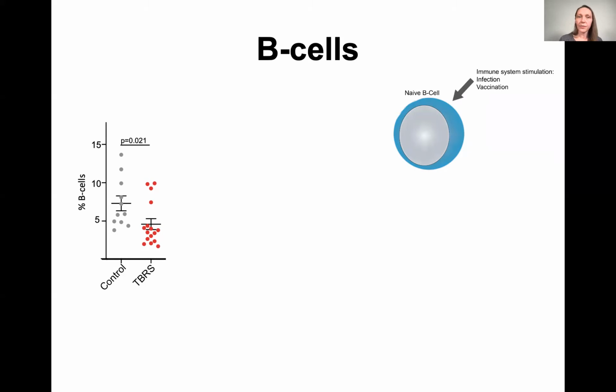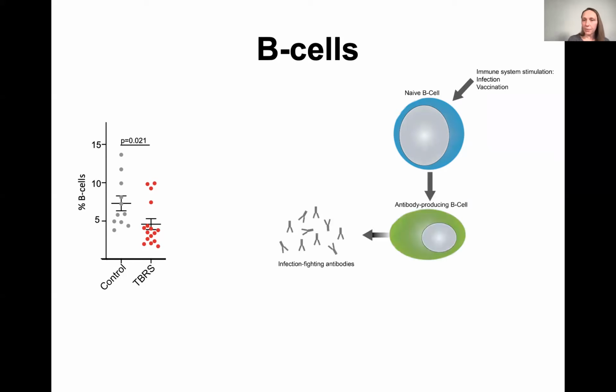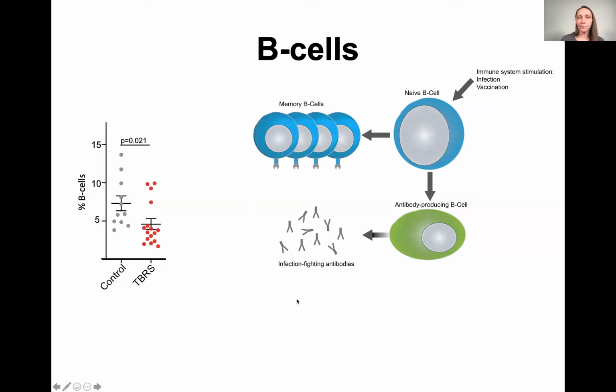What happens when a B cell has been stimulated is that they form the mature cell, which produces infection-fighting antibodies. And this again is in response to, say, a viral infection or a vaccination that you've gotten. The net result is to produce these really important infection-fighting antibodies.